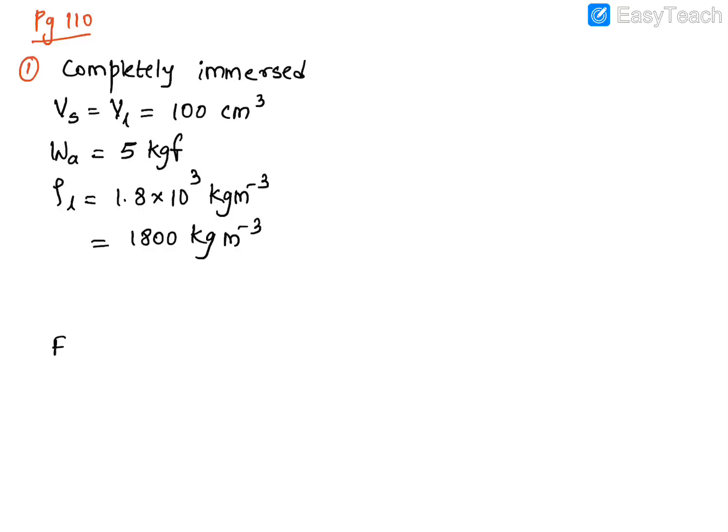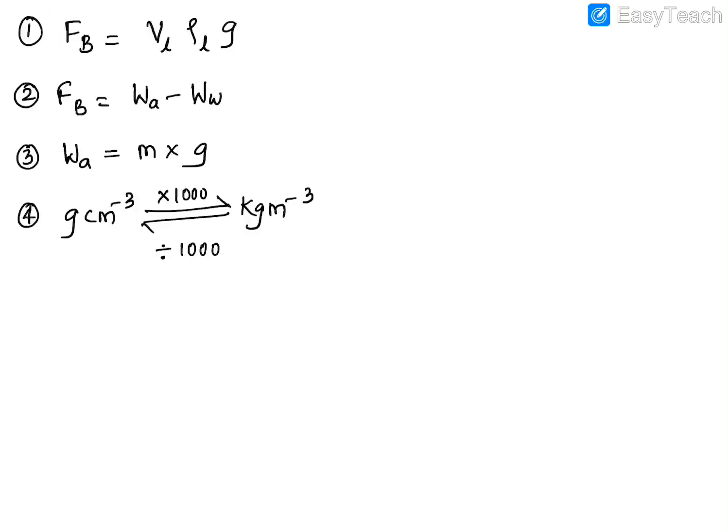So what are you asked to find now? Upthrust and the weight of a body in the liquid, which is also called the apparent weight. Remember, W_L is also called the apparent weight. So we'll do one thing, guys.